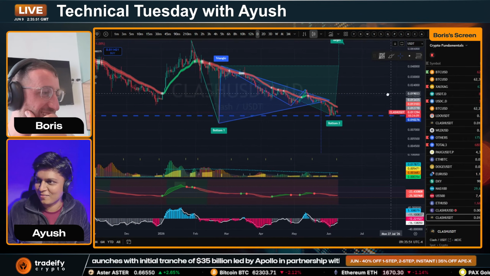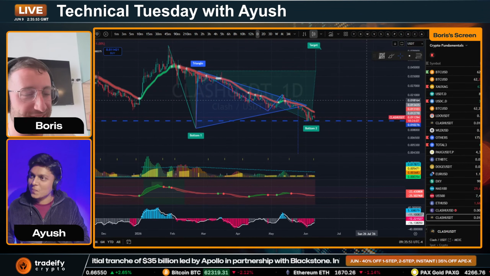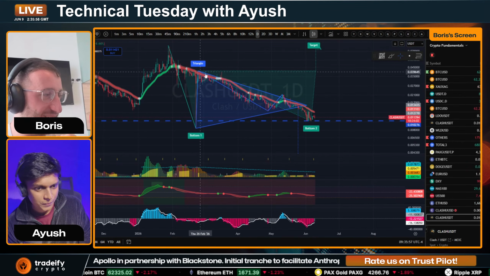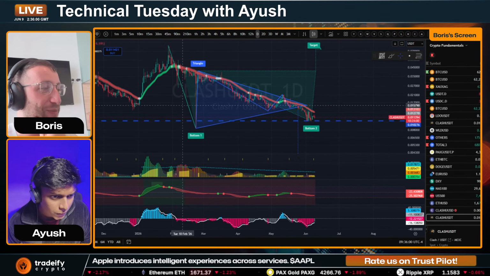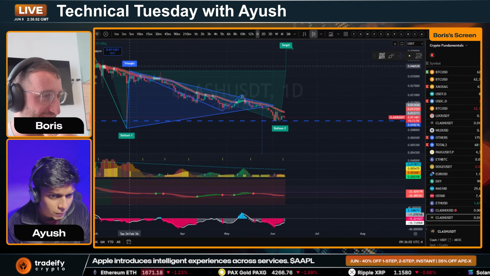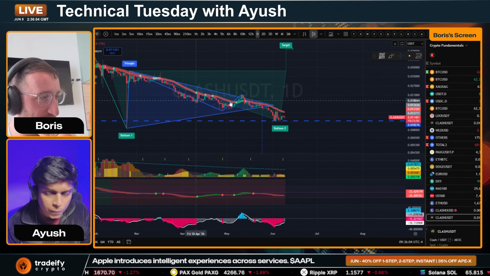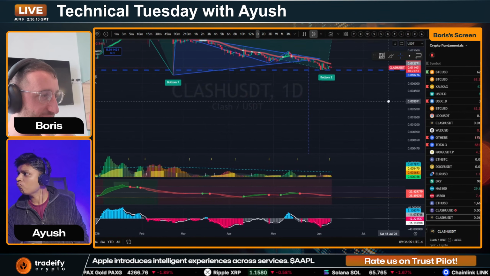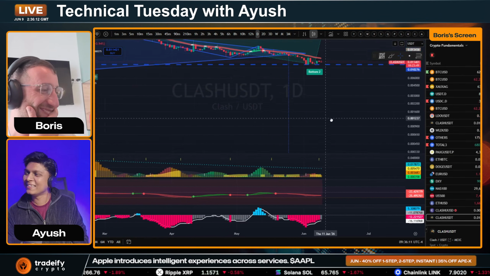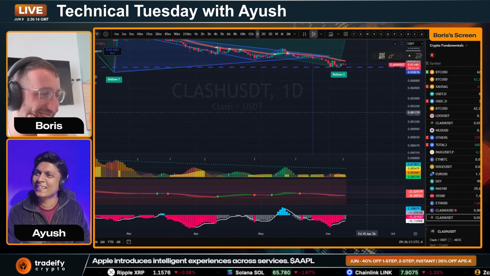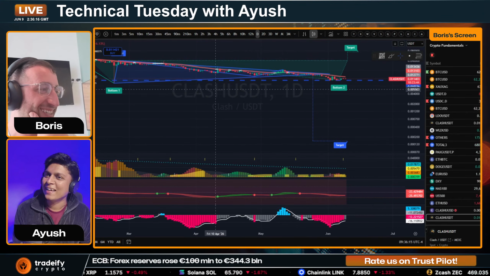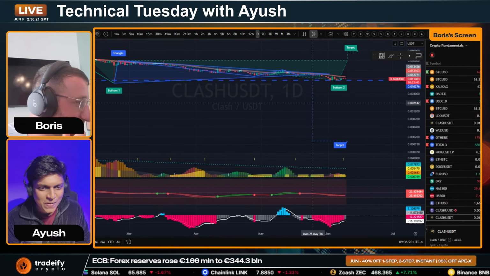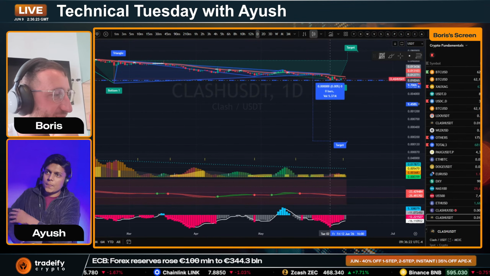Hold on, guys. Well, there's two possibilities here. Possibility number one, it's forming this. I don't know how TradingView determines these patterns. Apparently, this is some kind of triangle, and if this triangle breaks down, we're gonna see a drop if we fall from the 1% level.